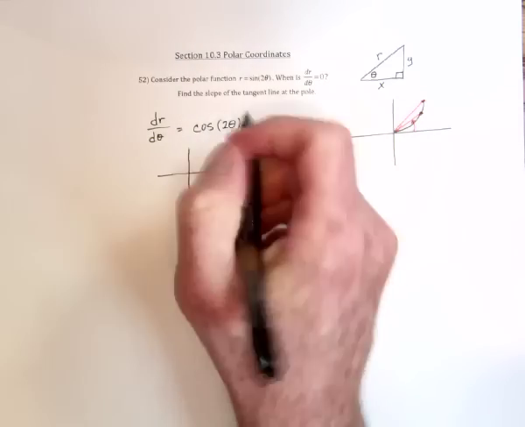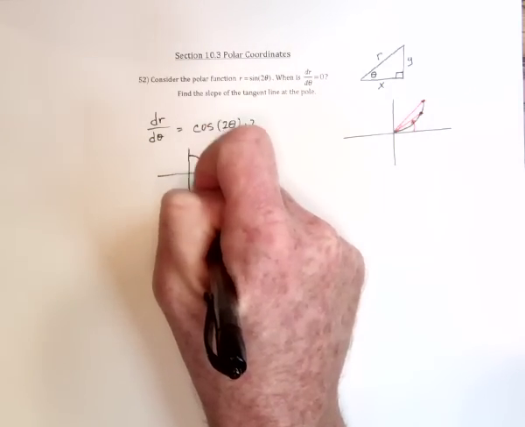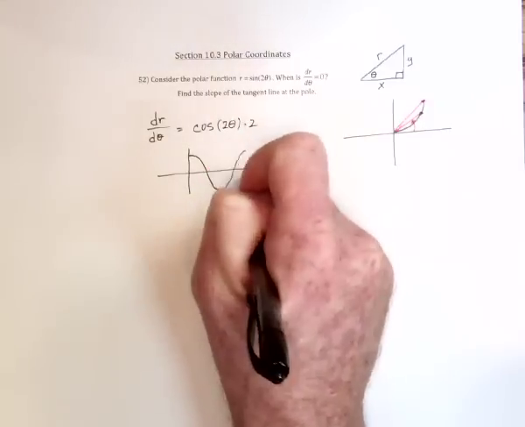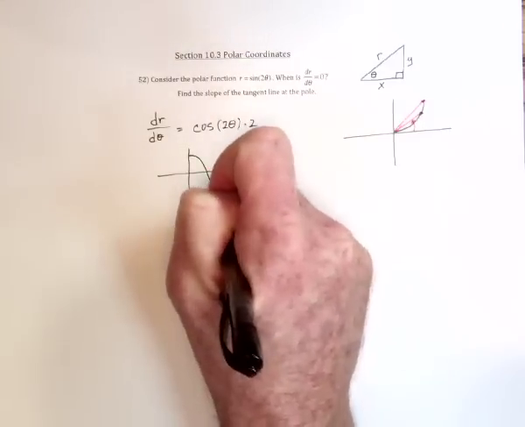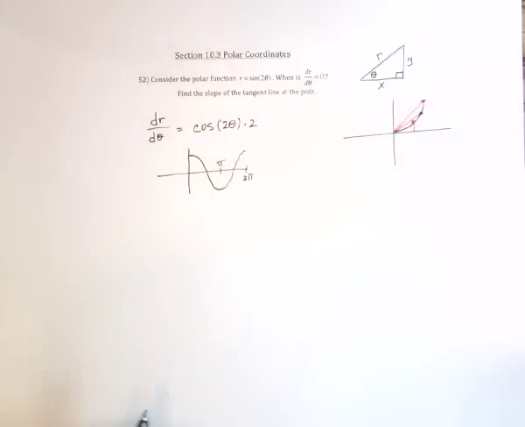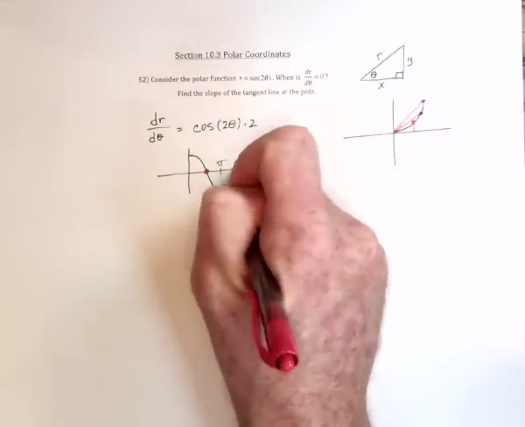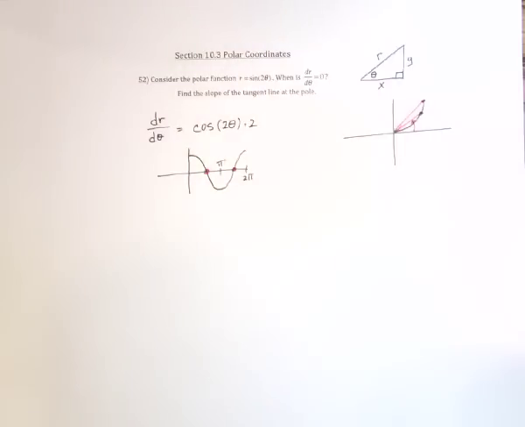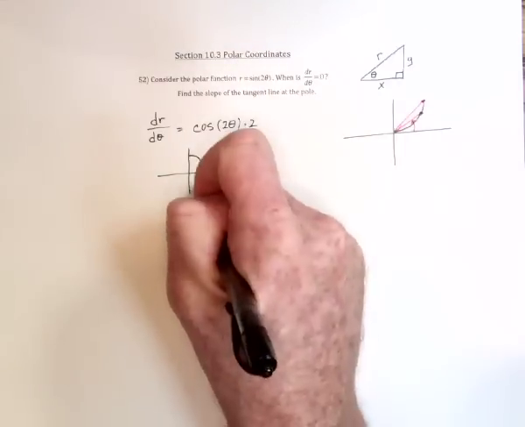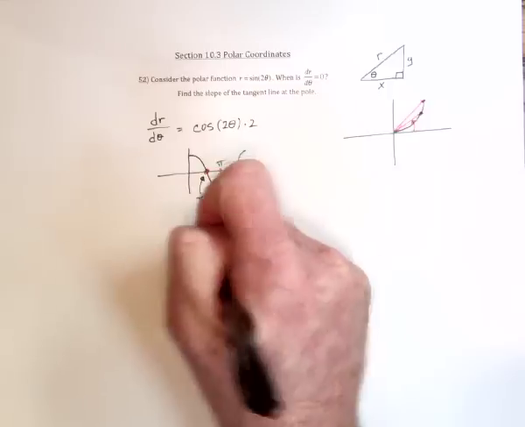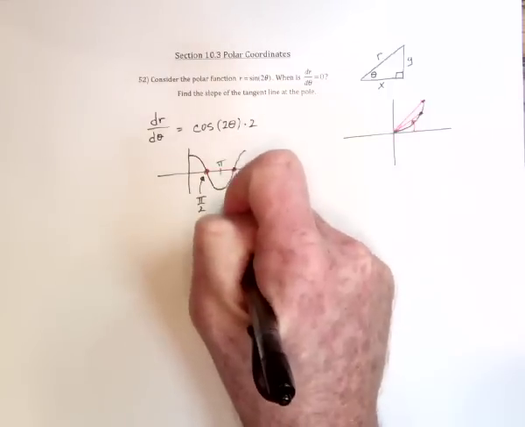So if you look at the cosine graph from 0 to 2 pi, with pi in the middle, then there's going to be right here and right here. So 2 answers. One would be pi over 2. This one would be 3 pi over 2.